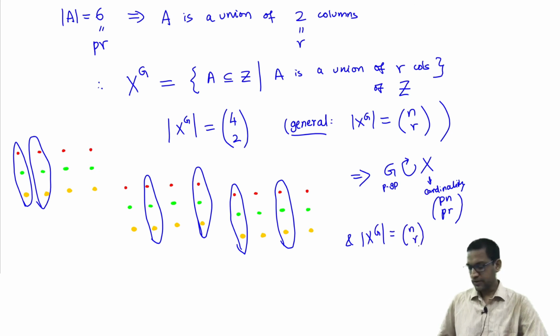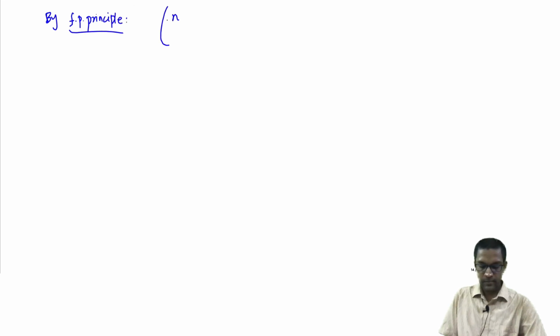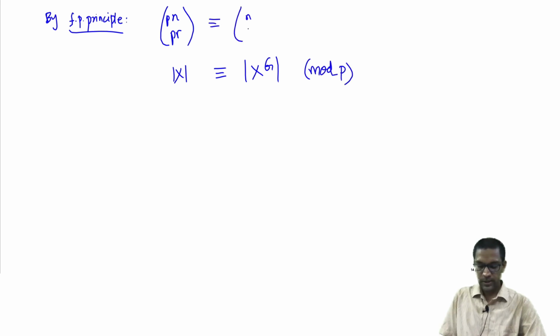So we have managed to manufacture this, and finally by the fixed point principle, pn choose pr, that's the cardinality of X, is congruent to the cardinality of the fixed point set, which is n choose r.